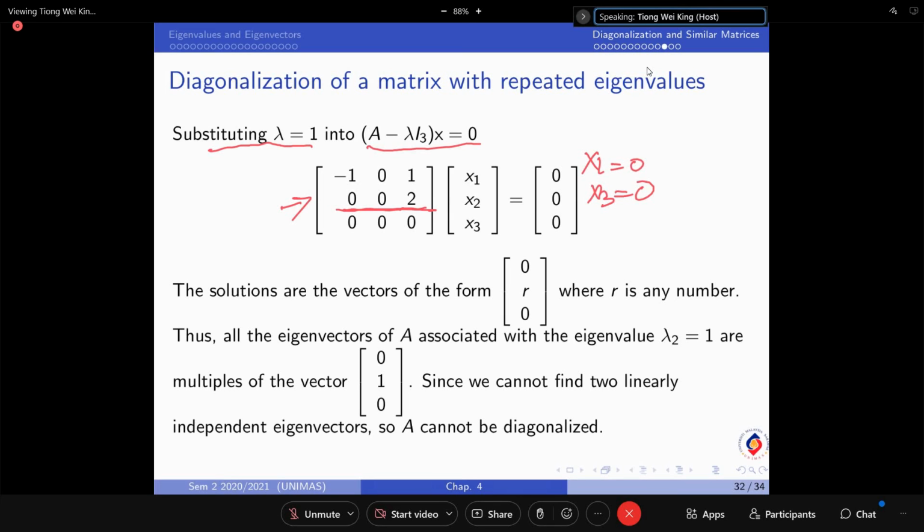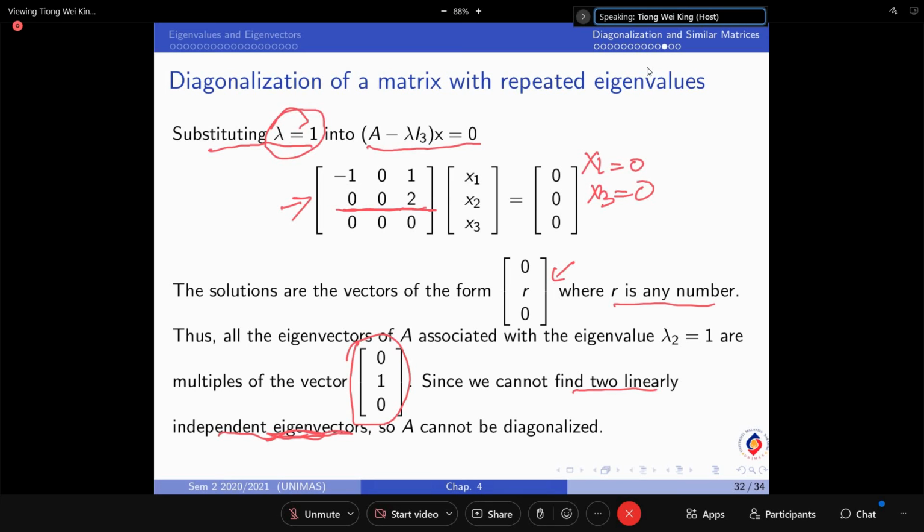So x2 we do not know, so we put it as R. The solution will be in this form, where R is any real number. So the general solution for the eigenvector is a multiple of 0, 1, 0. Meaning we cannot find two linearly independent eigenvectors for lambda equals 1.